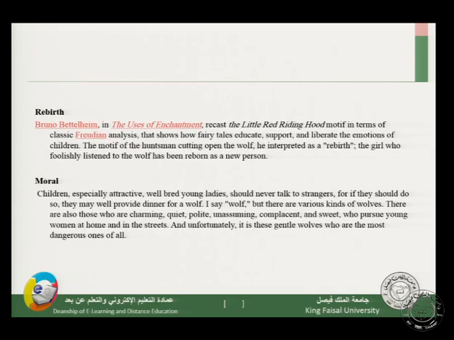Sometimes some people may act as wolves. So children and other people should be aware of these wolves who are actually normal people, but inside themselves they are beasts, just like wolves.